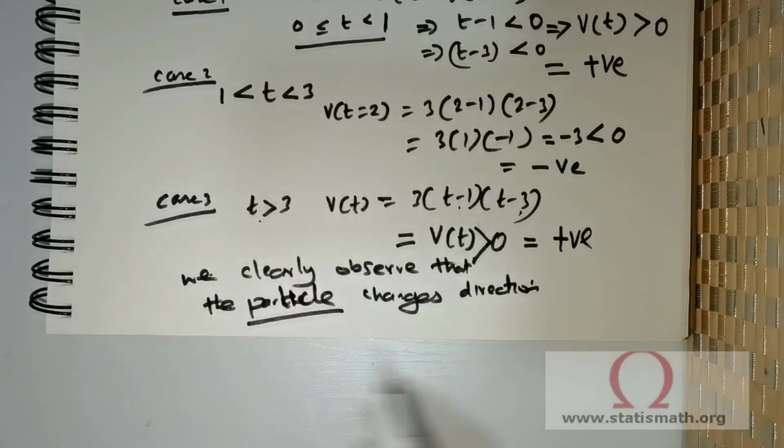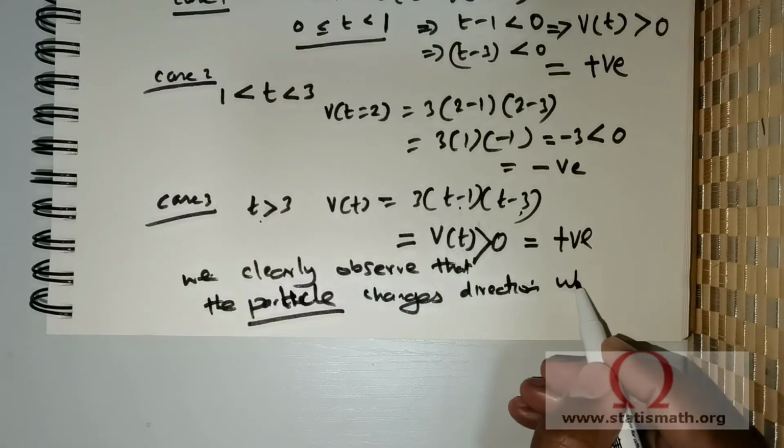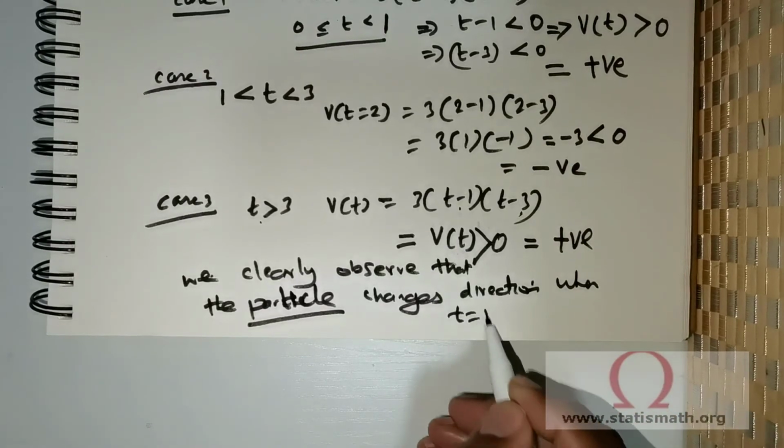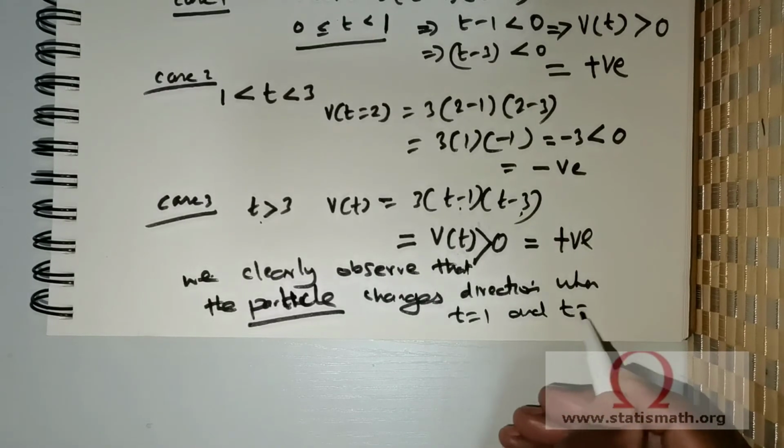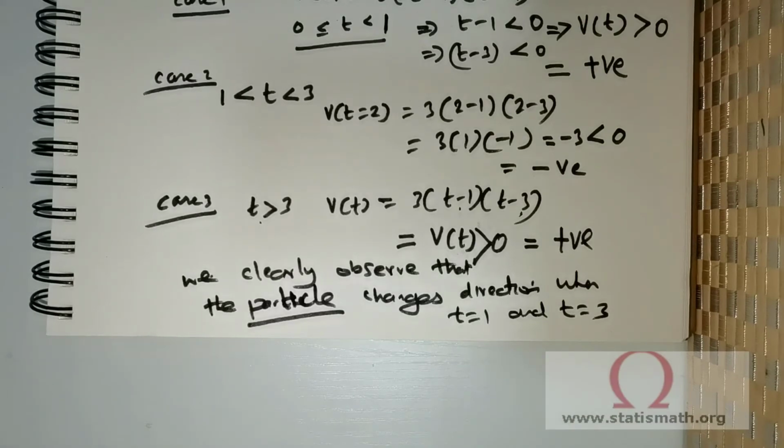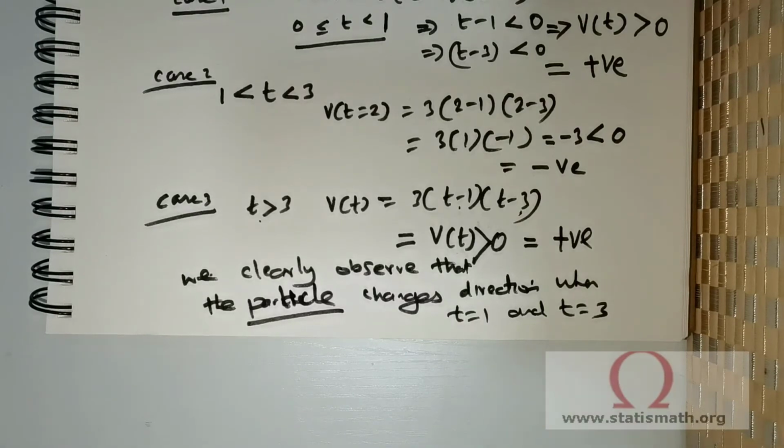In this case you can simply write this as when t is equal to 1 and t is equal to 3. That would be sufficient to answer that question.